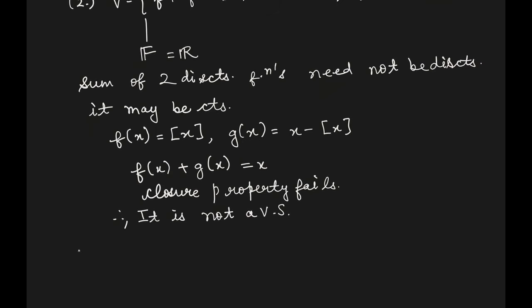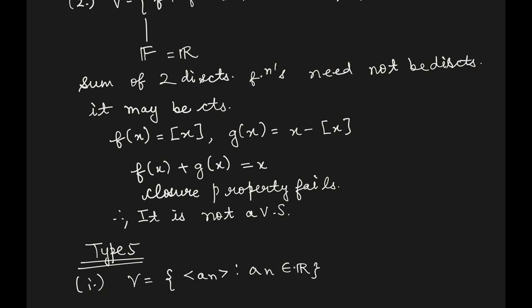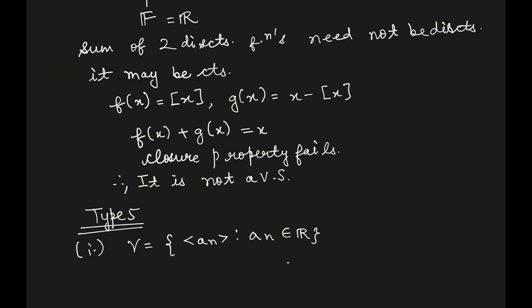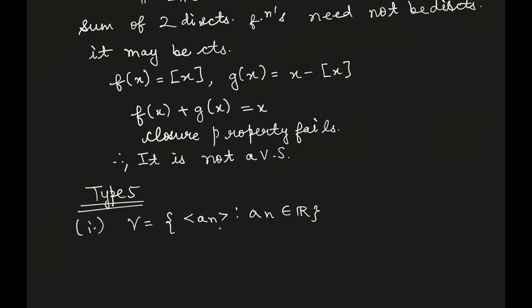Now some more examples. Now this is type 5. V is equal to sequence an such that an belongs to real numbers. So if it is a sequence, I can define it as a function f only, and its domain is natural numbers to real numbers, and field is real numbers.